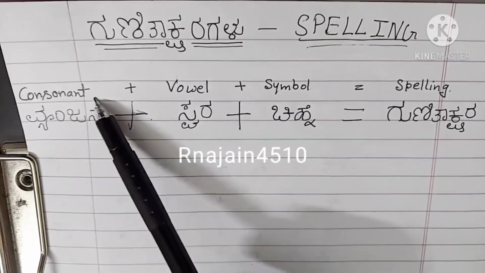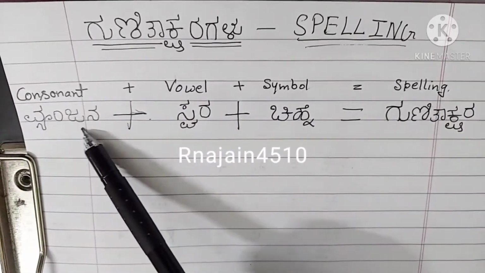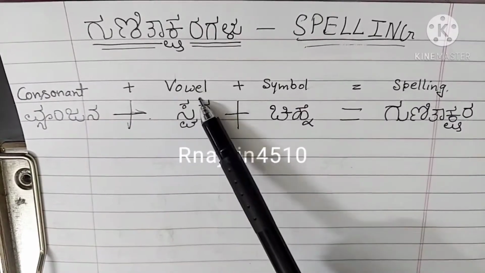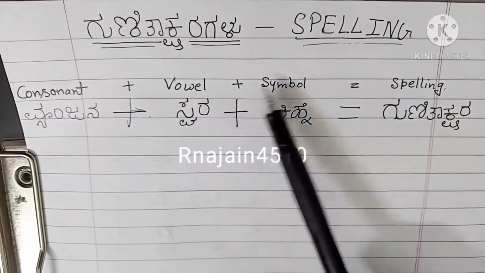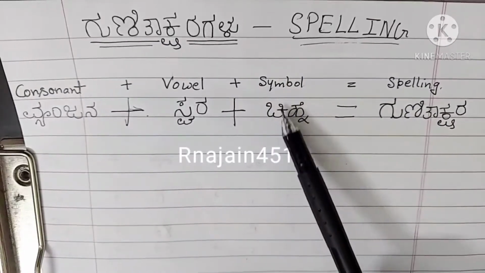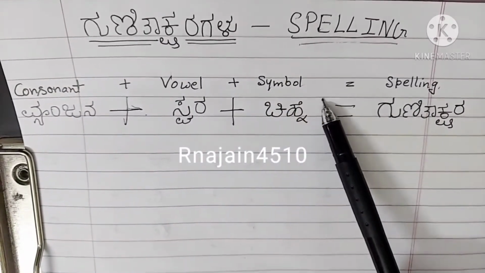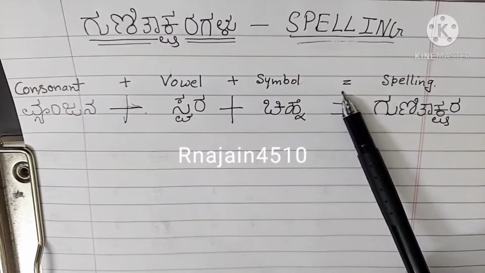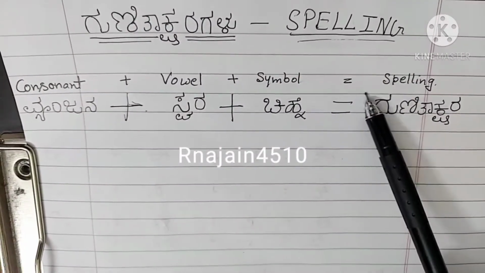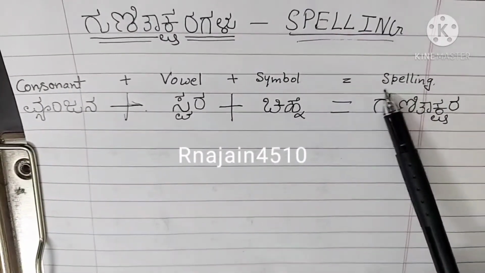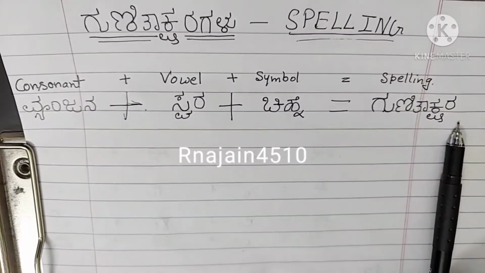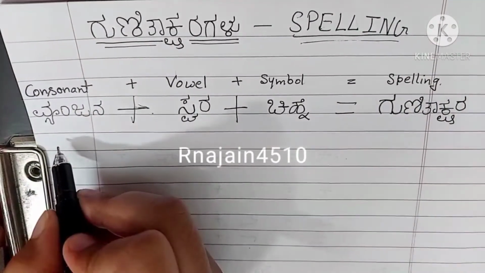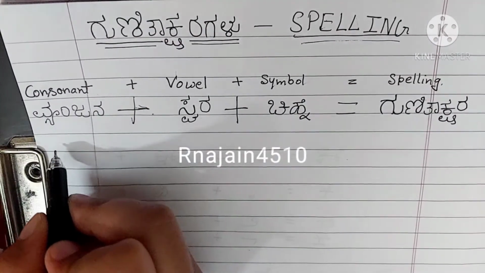We call consonant in Kannada as Vyanjana, vowel as Swara, and symbol as Chinhe or Matra. We call spelling as Gunitakshara in Kannada. So let's start to write now.